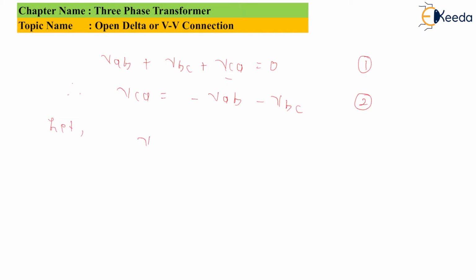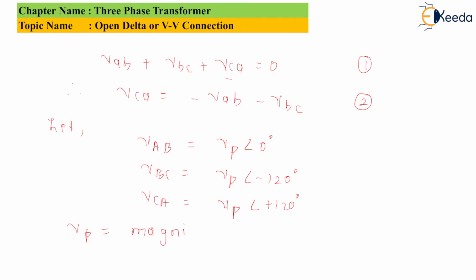Now let us consider certain values. So let VAB, that is the primary side voltage, be equal to VP at an angle of 0 degrees. Similarly, VBC be equal to VP at an angle of minus 120 degrees, and VCA be equal to VP at an angle of plus 120 degrees, where VP is nothing but the magnitude of the line voltage on the primary side.